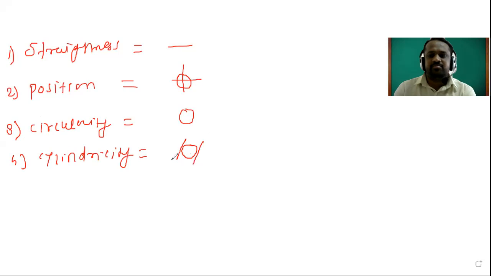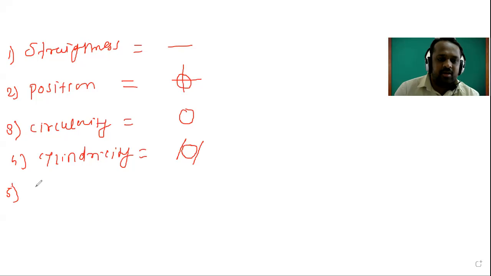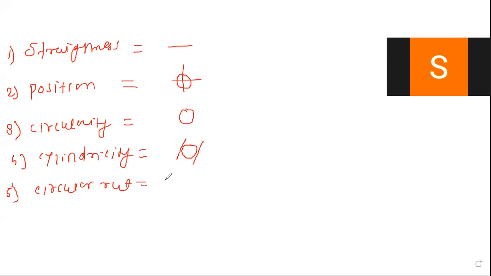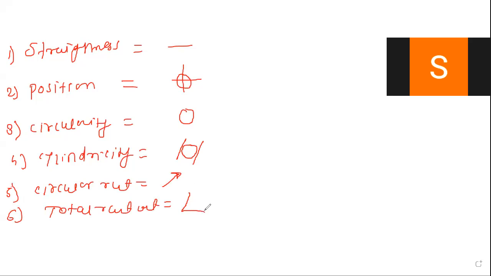It is correct. Okay, then tell me the symbol for the runout. Circular runout: just one arrow. And for the total runout, two arrows, like this.